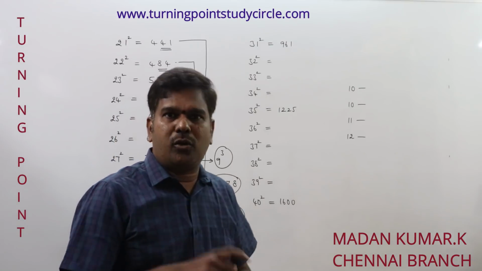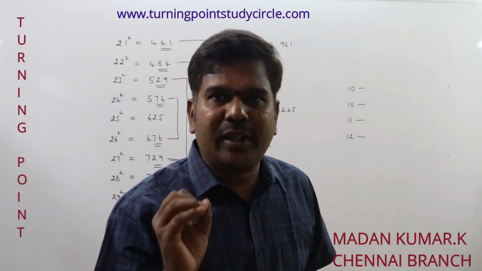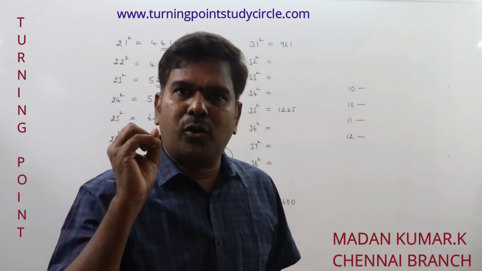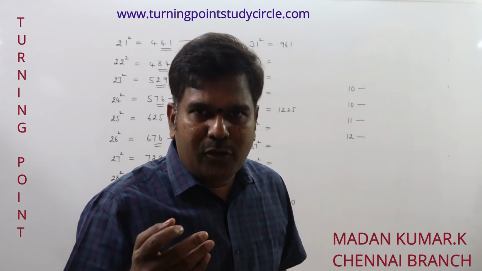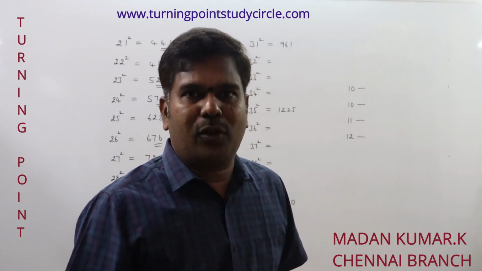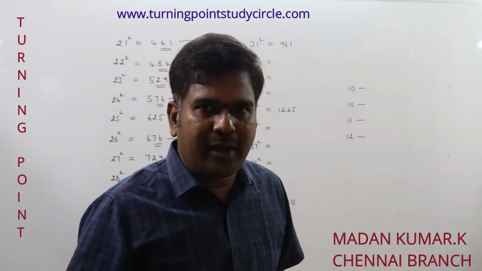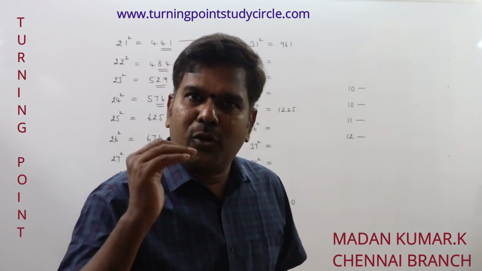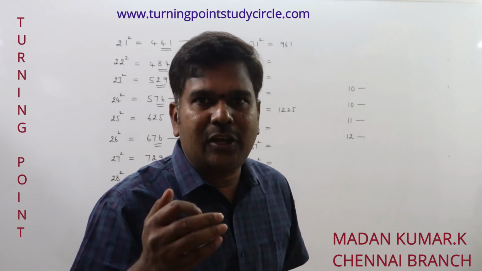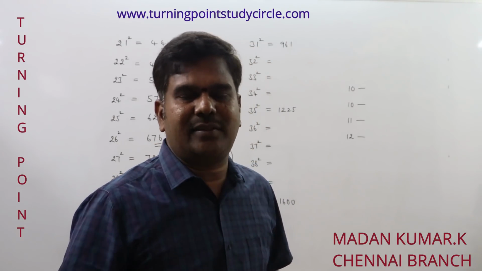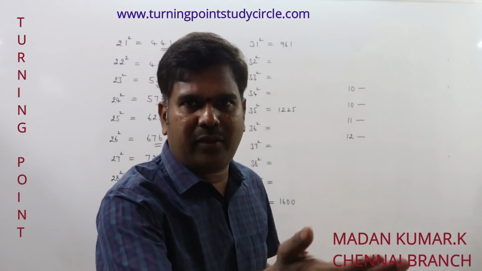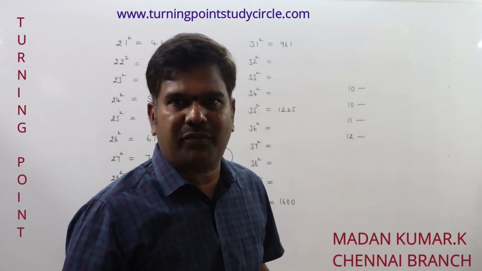Again, shall we repeat? 21 square 441, 29 square 841, 22 square 484, 28 square 784, 23 square 529, 27 square 729, which is also 9 cube. 24 square 576, 26 square 676, 25 square 625, which we have discussed, ending with the 5 squares.